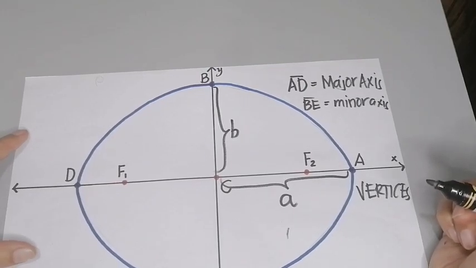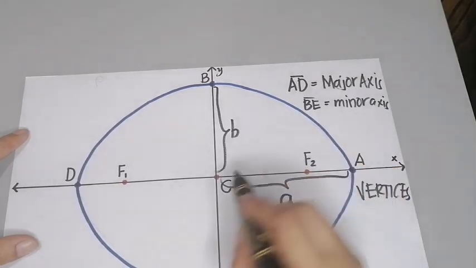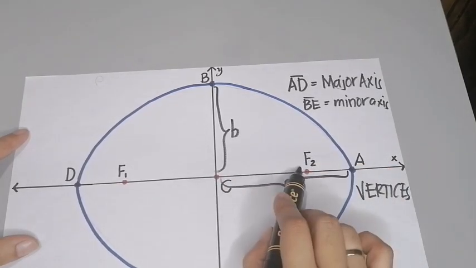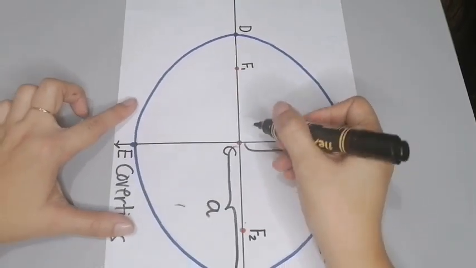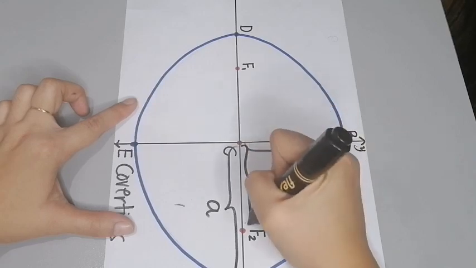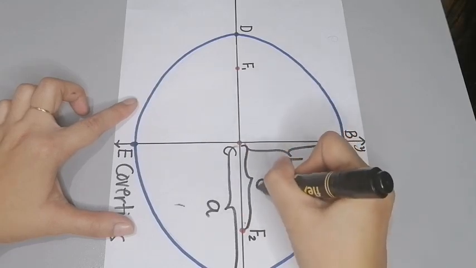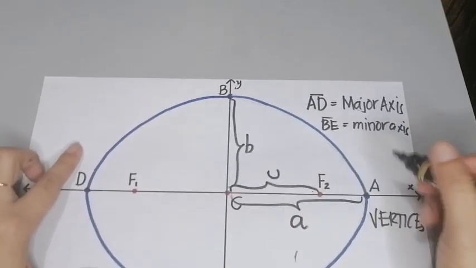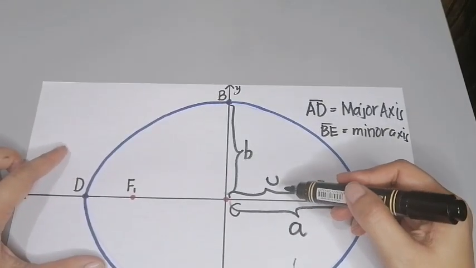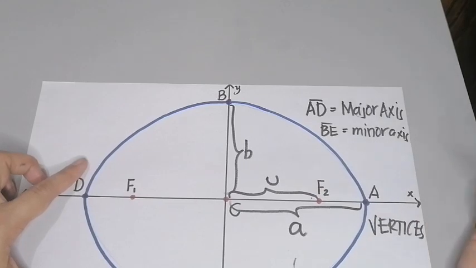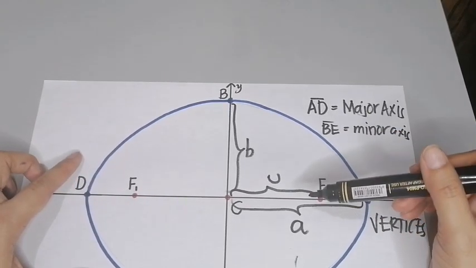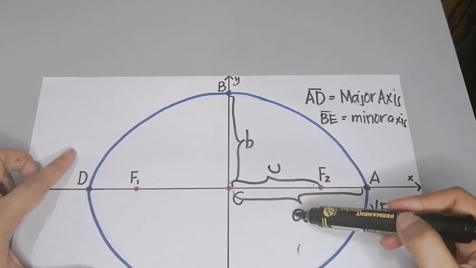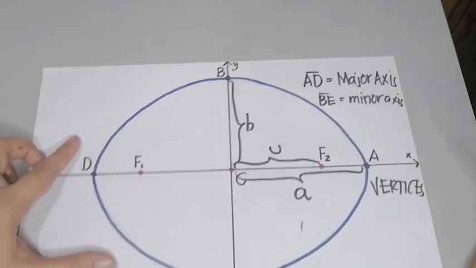The foci are located along the major axis, C units from the center. Small letter C. So if you notice, there is a special relationship among the values of A, B, and C.